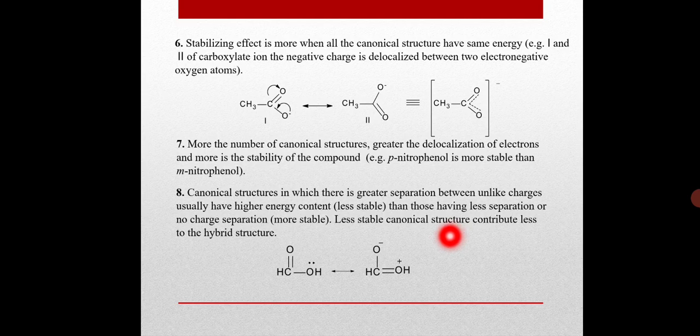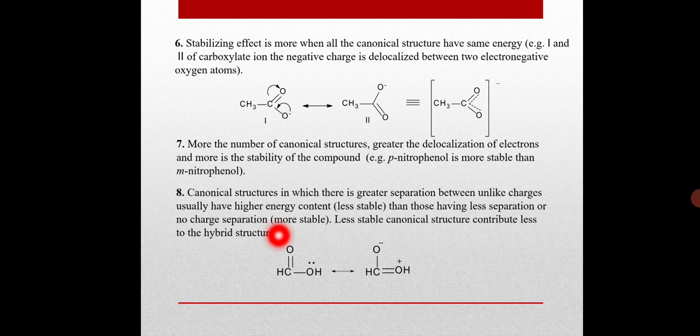The resonance structure in which the charge separation is more contributes less, because it has a higher energy content and is less stable. Whereas the canonical structure where there is no separation of charge is more stable, and this particular canonical structure contributes more to the resonance hybrid structure.